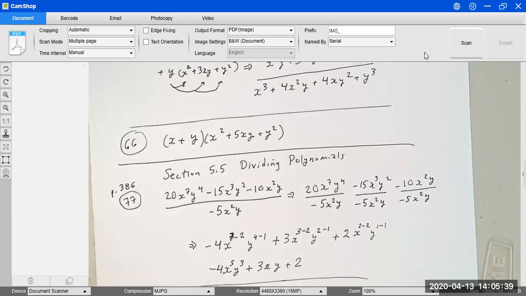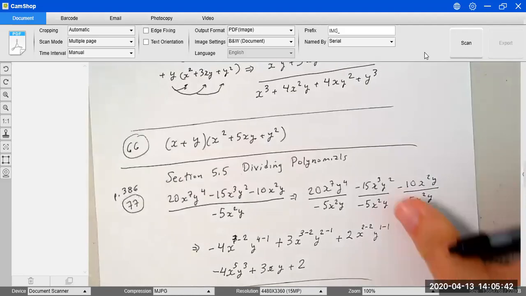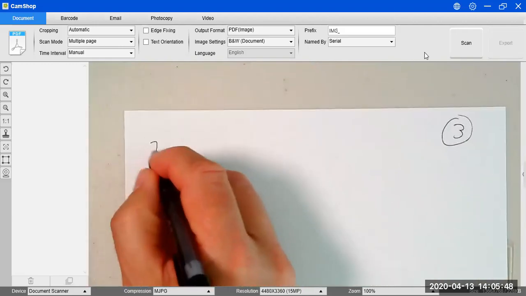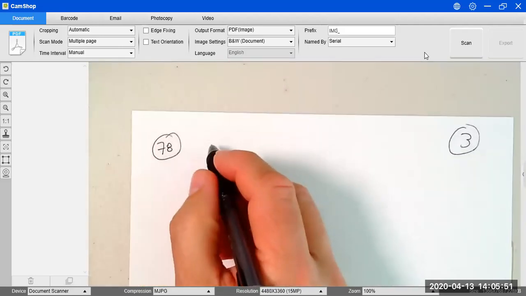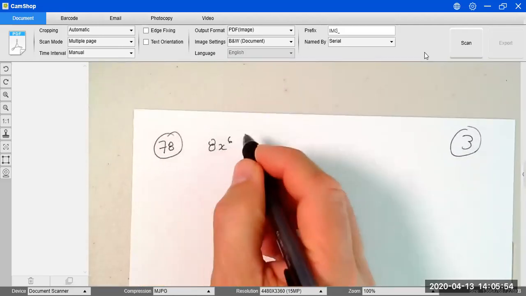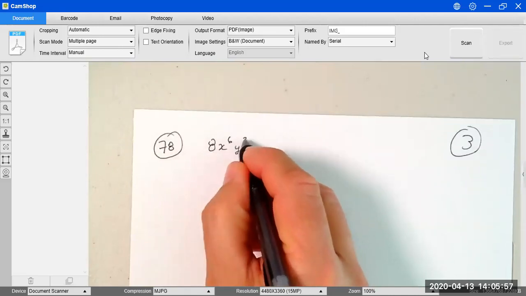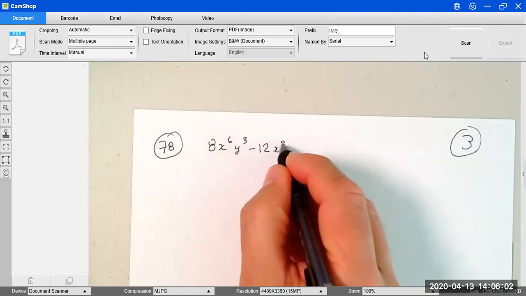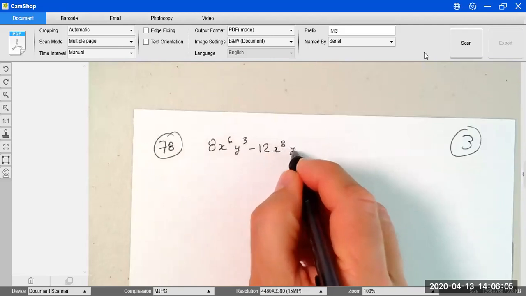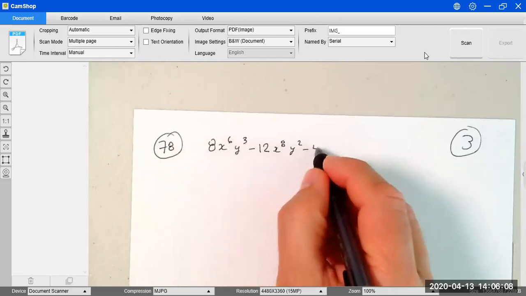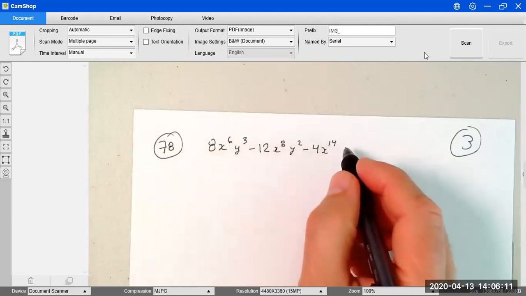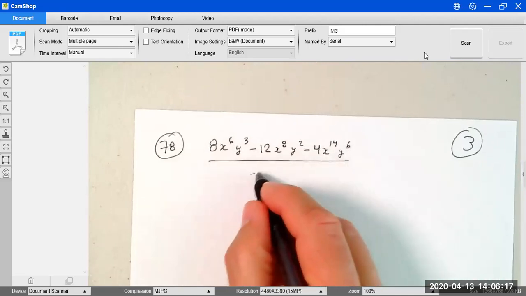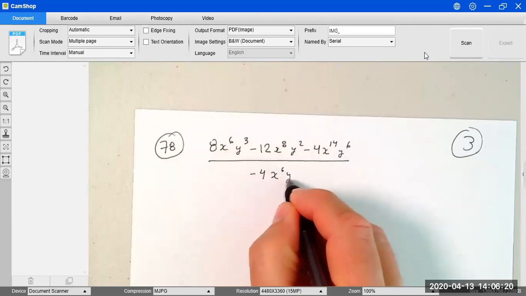So the problem that you're going to solve is problem 78 from the same page, which is just 8x to the 6th power y cubed minus 12x to the 8th y squared minus 4x to the 14th power y to the 6th, and everything is going to be over negative 4x to the 6th y squared.